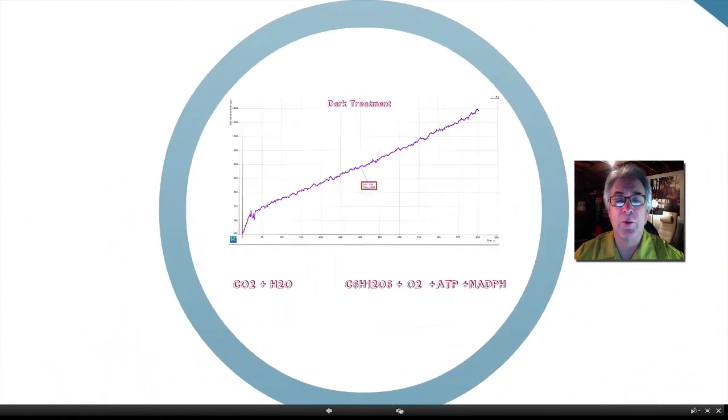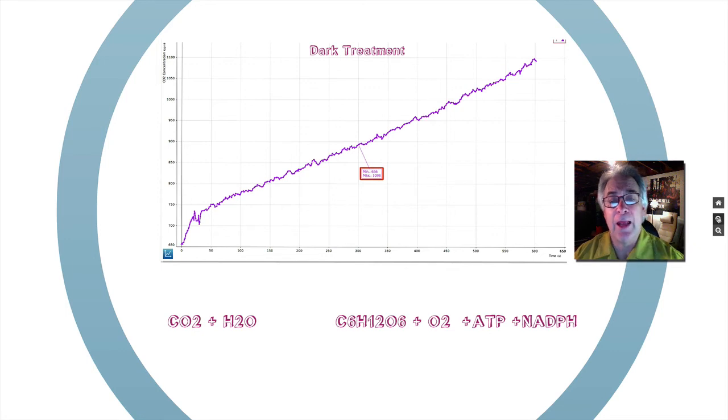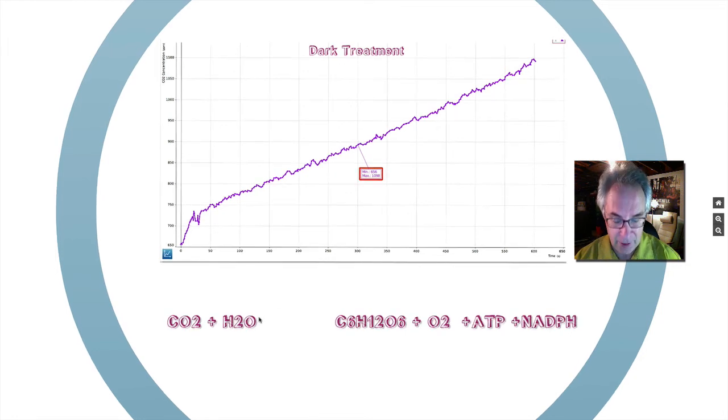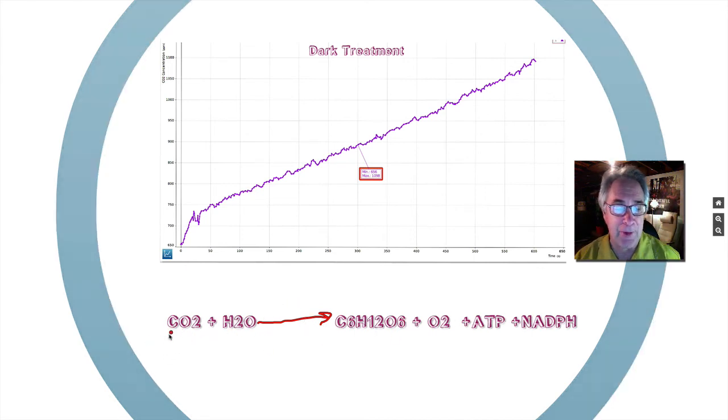So here's the one that was kind of stifling for a lot of you. And I'm going to get a little bit closer on here. Now, if we take a look at this one, this really wasn't very intuitive, because when we look at our reaction here, it's going in this direction. If it's in a dark environment, in other words, light's not being present, this particular reaction doesn't happen at all. This should stay constant.